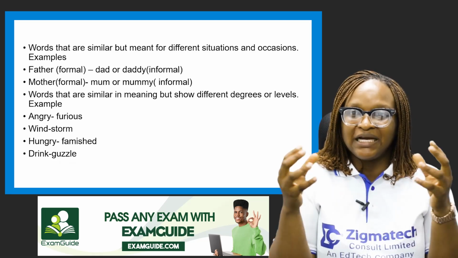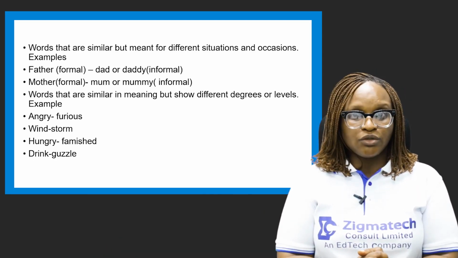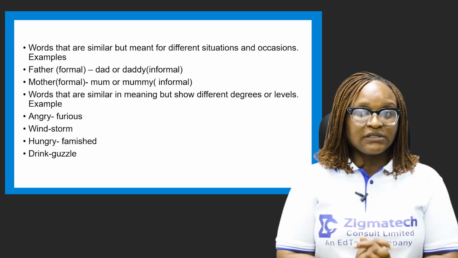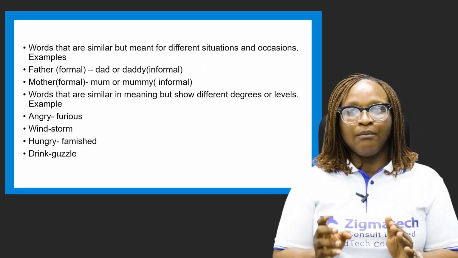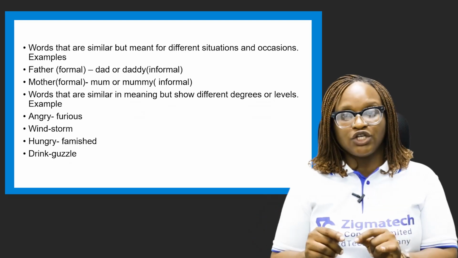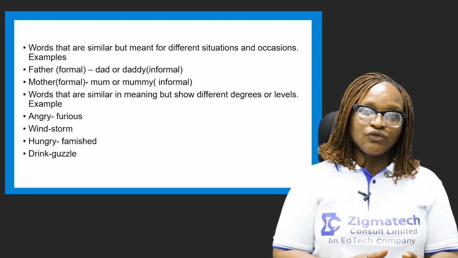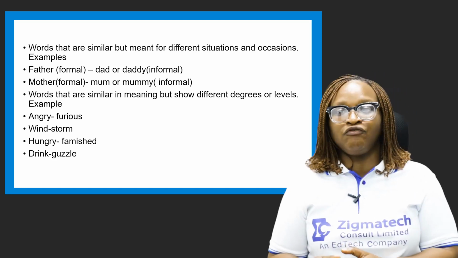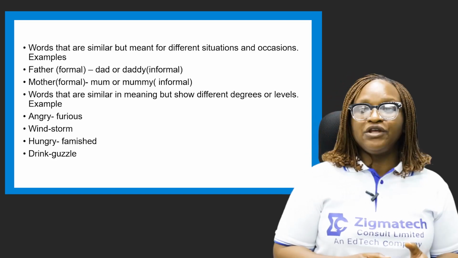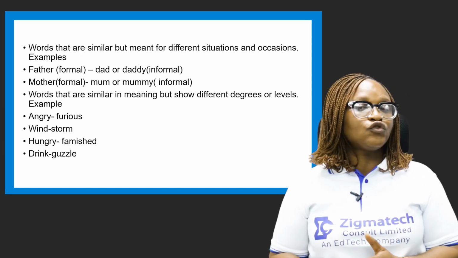All right, so words that are similar but meant for different situations and occasions. We must take note of this very one. It says words that are similar but meant for different situations and occasions. Now, you know this, that certain words are used in a formal way, while words are used in an informal way. Now, when you're doing a formal writing, it's appropriate you use formal words.